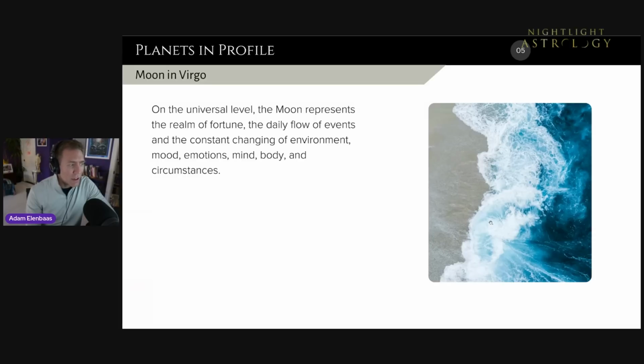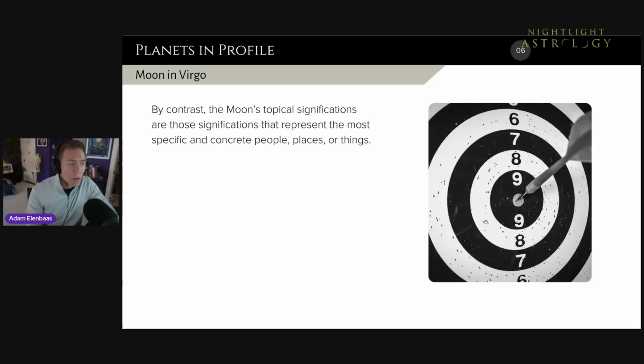The constant changes and fluctuations of environment, emotions, mind, body, circumstance, that constant fluctuating, changing world was the world that the moon represented in the broadest sense in ancient astrology.